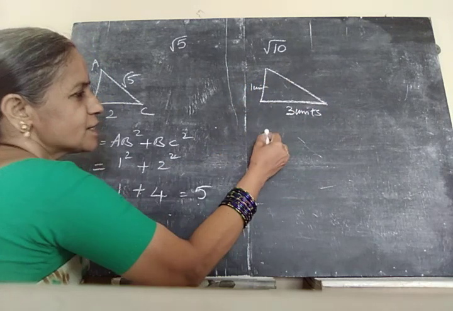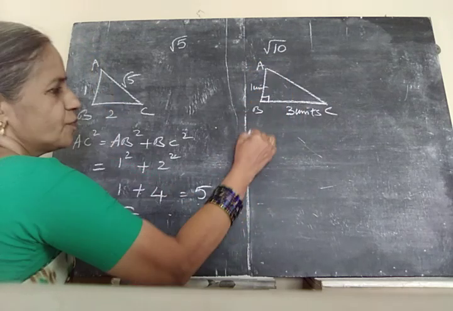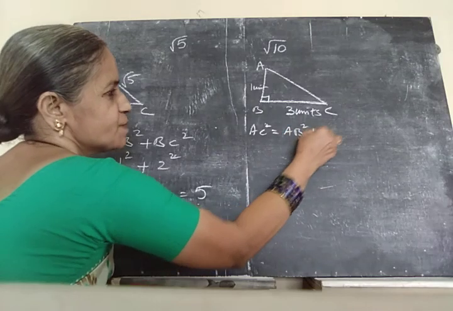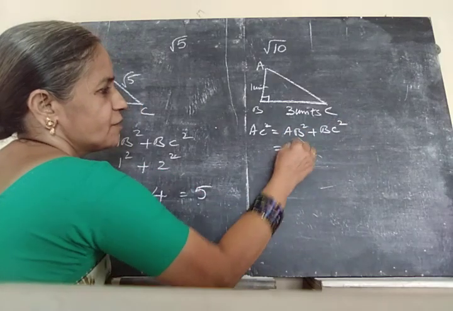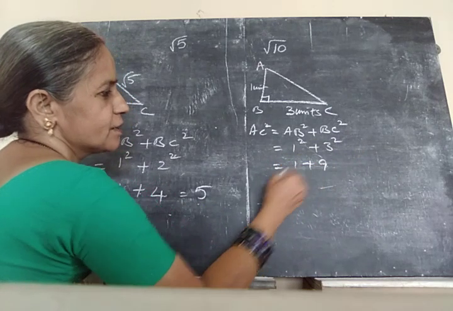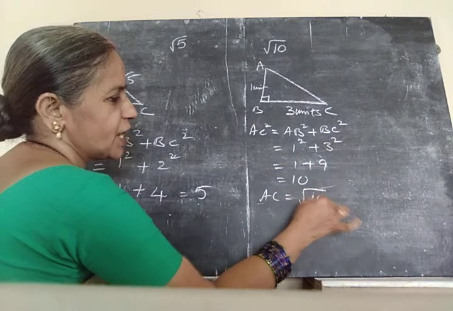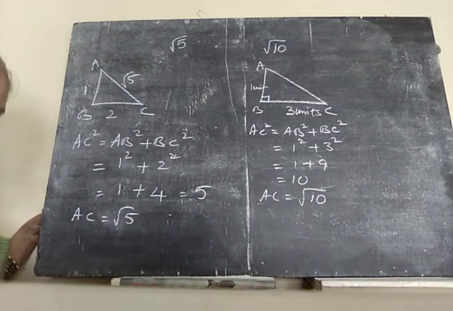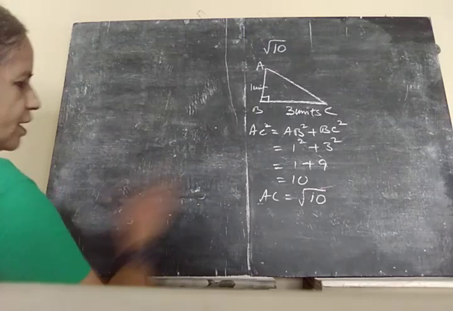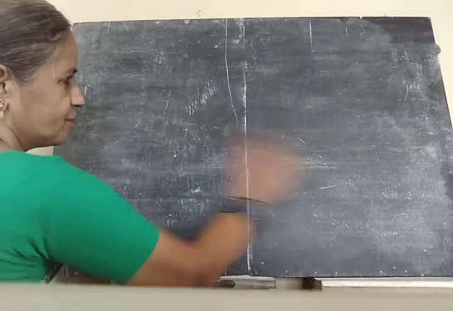Then we will get ABC. Now AC square is equal to AB square plus BC square, 1 square plus 3 square. 1 plus 9, that is 10. So AC is equal to root of 10. So like that, by using these, we can represent root 5 and root 10 on the number line directly.